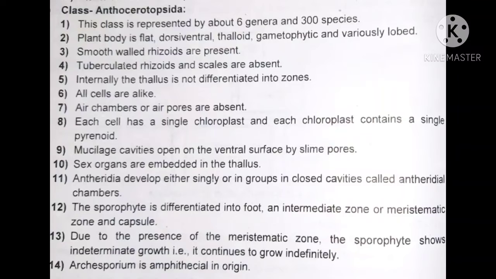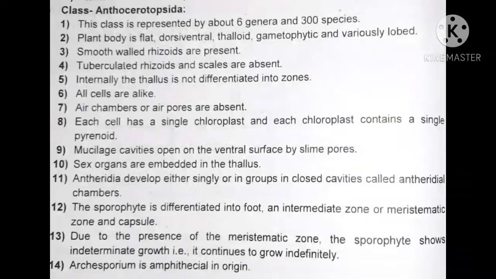The sporophyte, after fertilization, develops and shows a foot, an intermediate zone of meristematic tissue, and a capsule. Due to the presence of the meristematic zone, the sporophyte shows indeterminate growth.